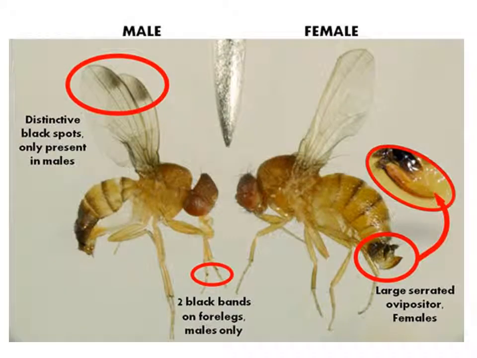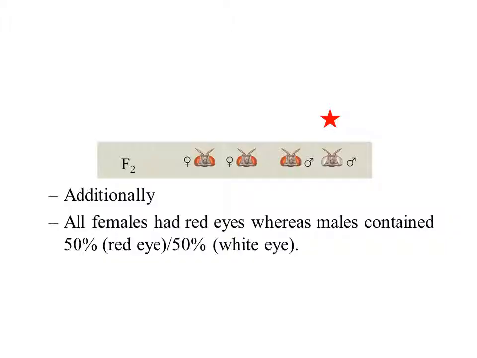If we were to sex the flies, this is how you would distinguish which one is male versus which one is female. So like I stated, once he looked at the sex of these flies, he saw that all of the white-eyed flies were males.